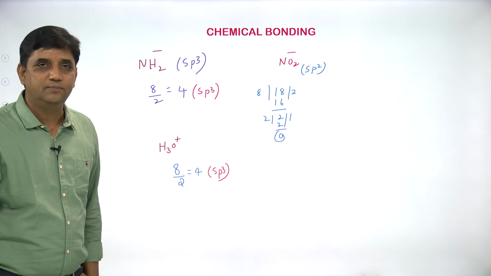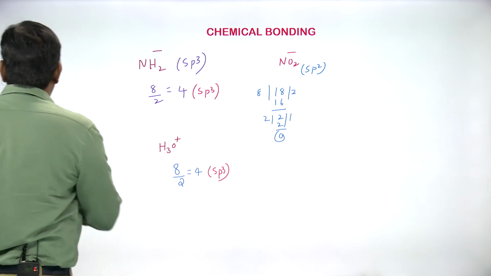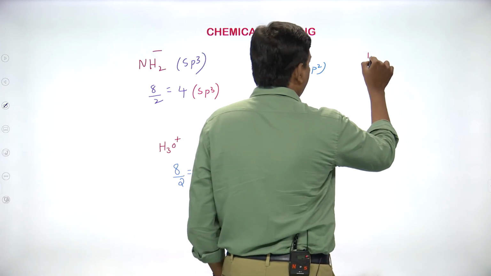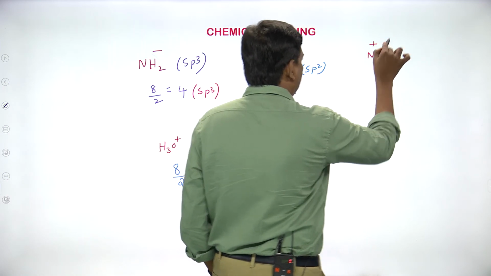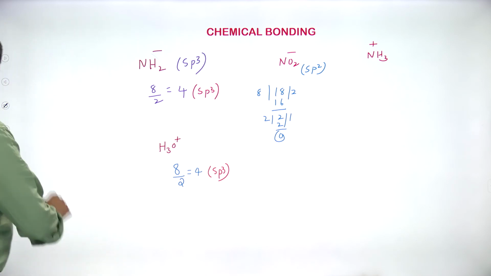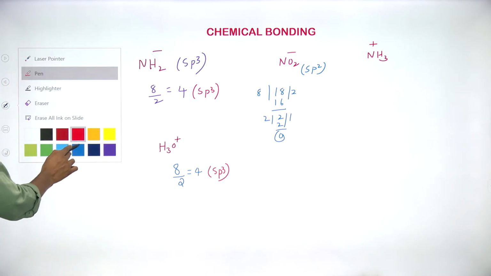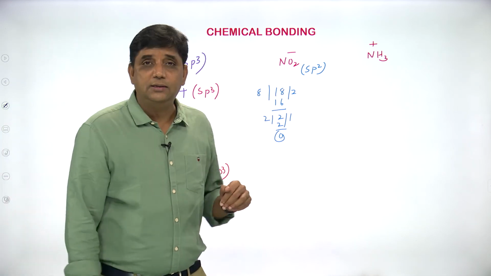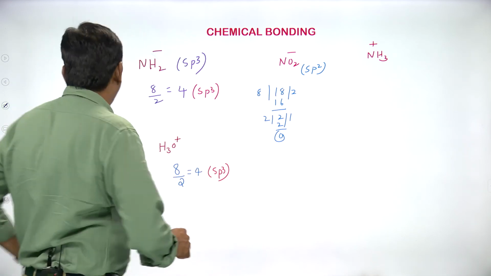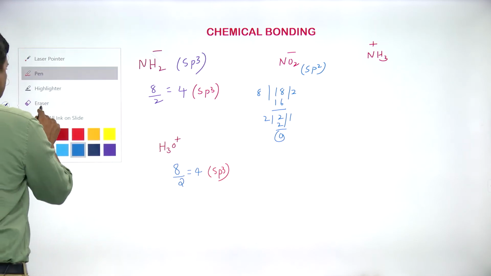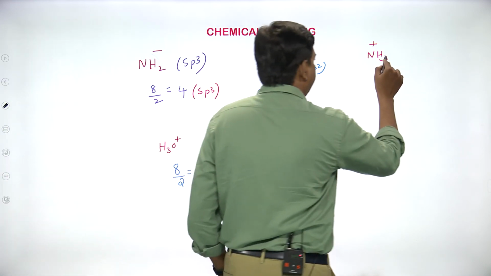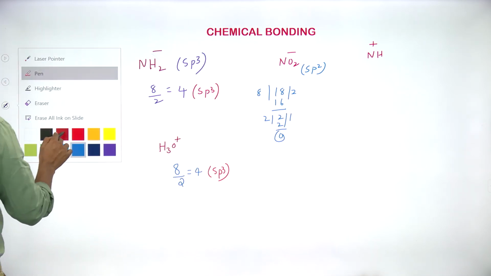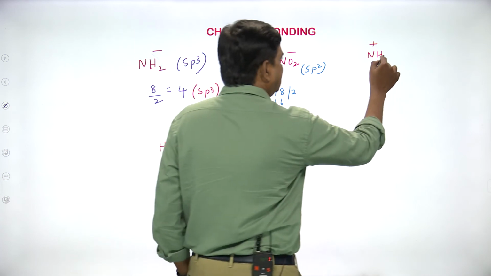Like this. And if you see the NH3 plus, how do you calculate, students? Nitrogen 5, 3 hydrogens, sorry, not NH3 plus, sorry, NH4 plus.